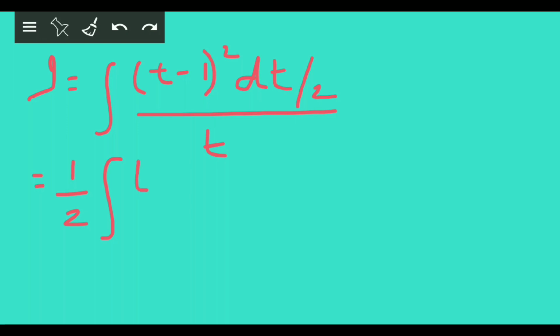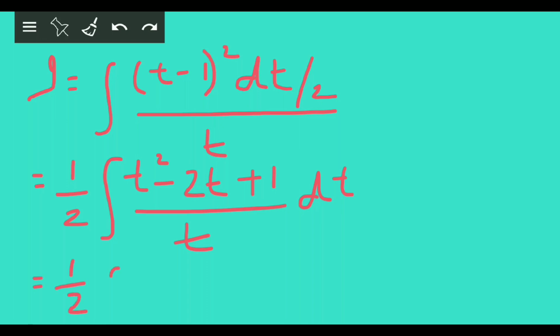Upon squaring we get t square minus twice of t plus 1, upon t dt. Now we separate the terms. So we get half integral of t square upon t, it becomes t, minus twice of t upon t, it becomes 2 because t gets cancelled, plus 1 upon t, the whole into dt.